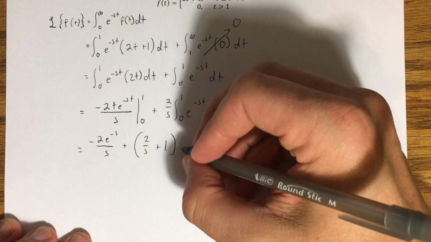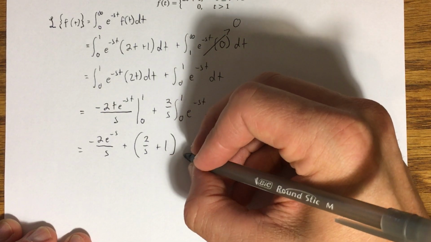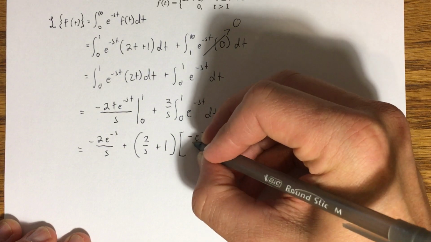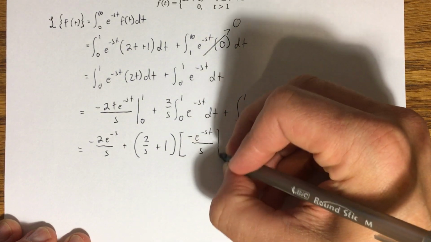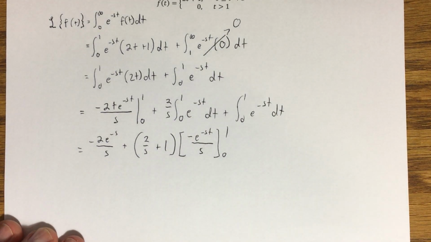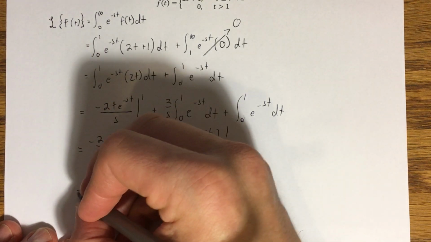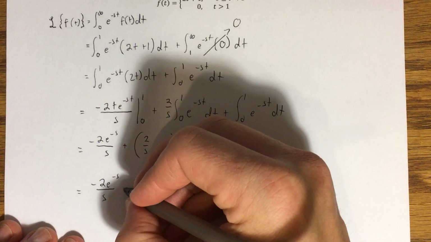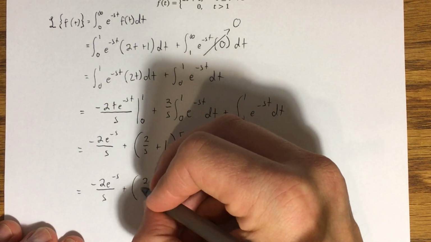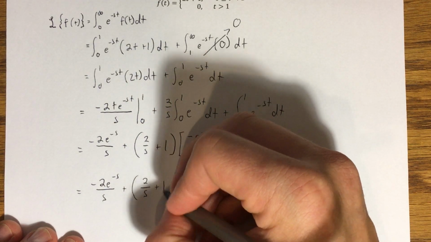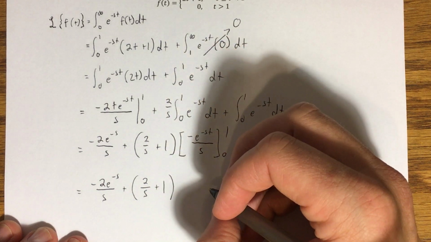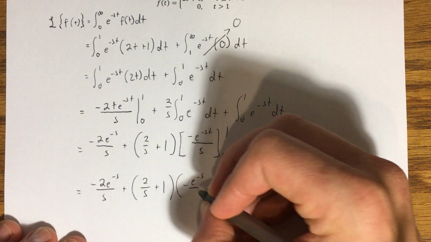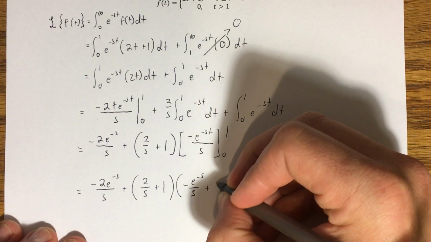The integral would look like negative e to the negative st over s from 0 to 1. Okay, this will give me negative 2 e to the negative s over s plus 2 over s plus 1 times negative e to the negative s over s plus 1 over s.